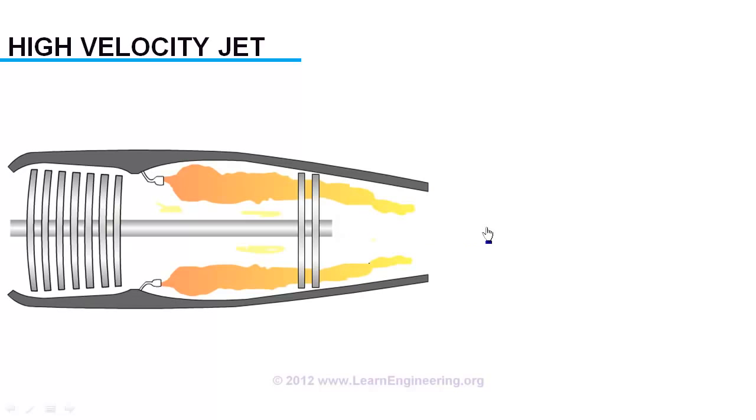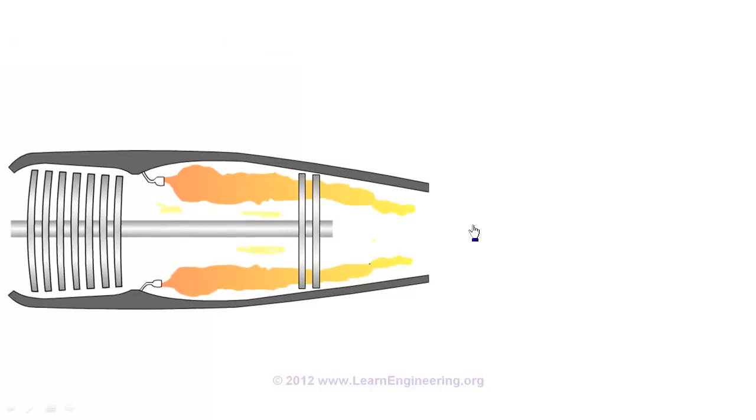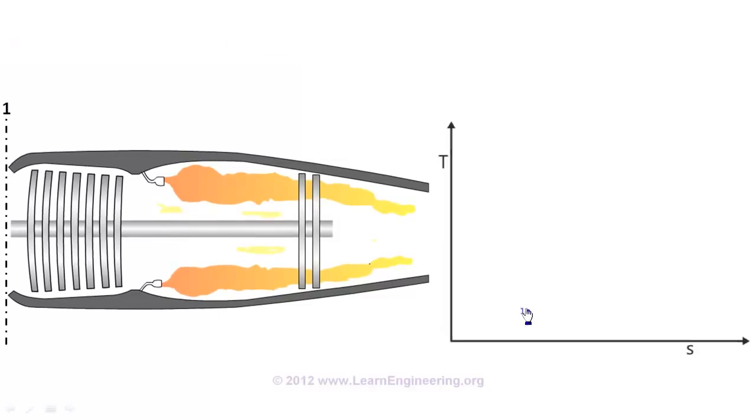Let's see how the energy level of the fluid changes from the inlet of the gas turbine engine to the exit. Assume this is the inlet point in a temperature-entropy diagram, which is the same as the state of the surrounding air. Due to the diffuser effect, pressure and temperature of the fluid increase slightly. Entropy remains the same, assuming this is an adiabatic, reversible process.